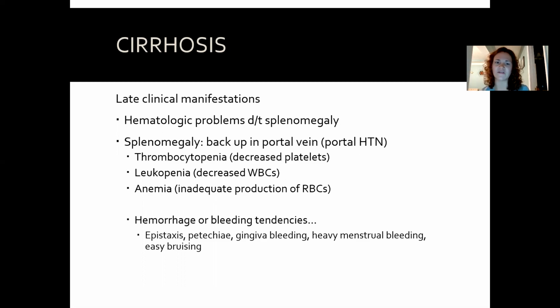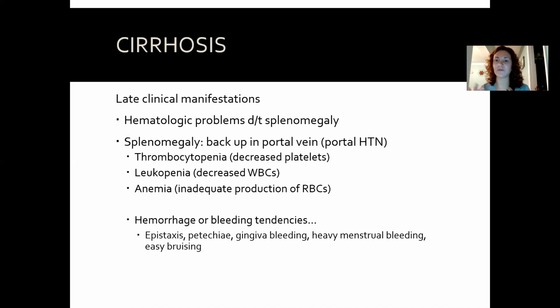Other late clinical manifestations are related to splenomegaly. So when the liver fails, oftentimes the spleen goes with it. It's almost like they're in a partnership. The spleen's having issues because if the liver is not functioning correctly, then the portal vein is not going to be getting drained correctly.